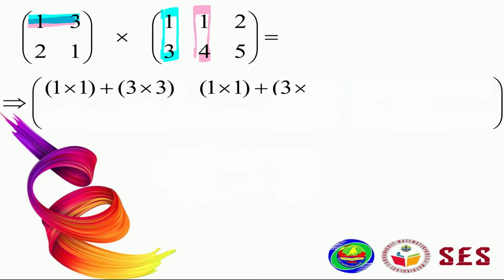So we have 1 multiply 1 plus 3 multiply 4. And then we repeat the same process with the third column. So we have 1 multiply with 2 plus 3 multiply with 5. Okay, now we move to the second row of the first matrix, which is 2 and 1.